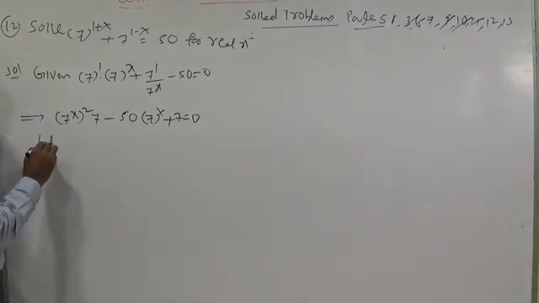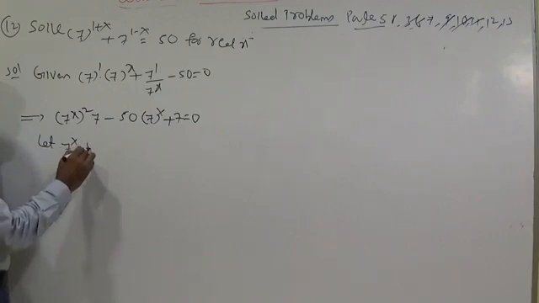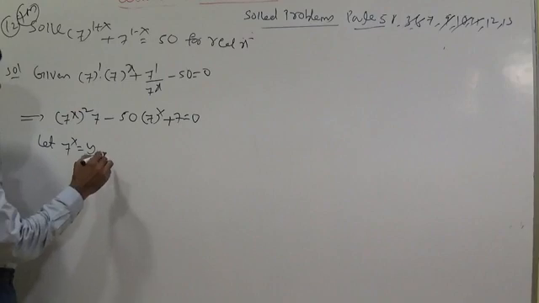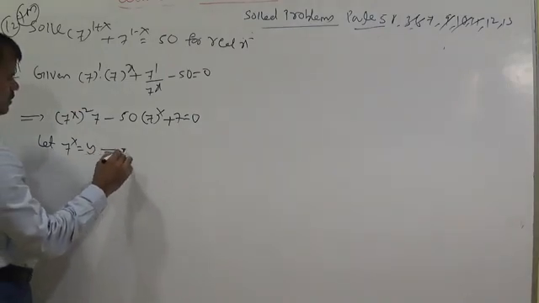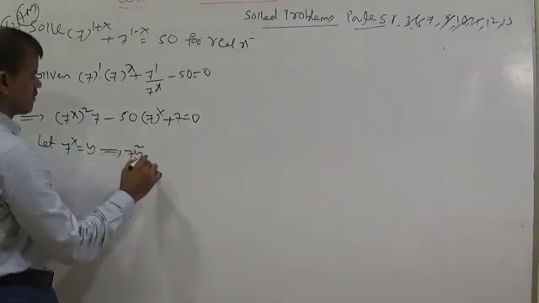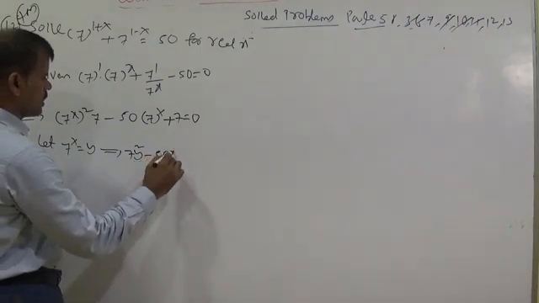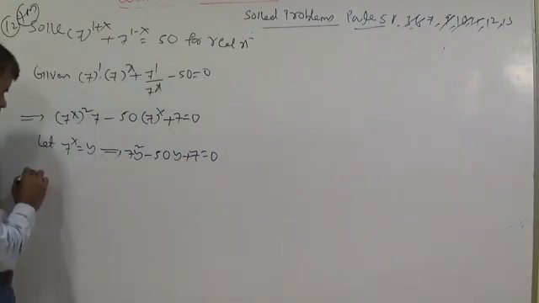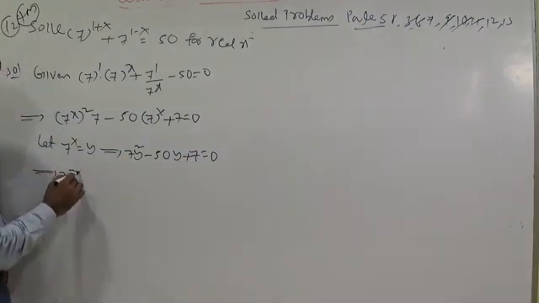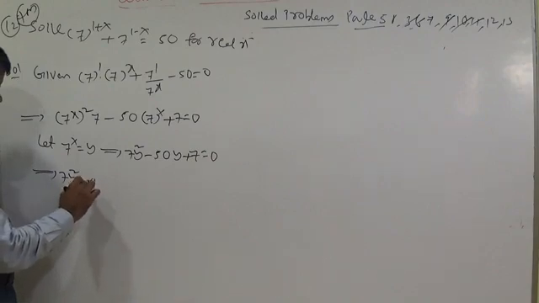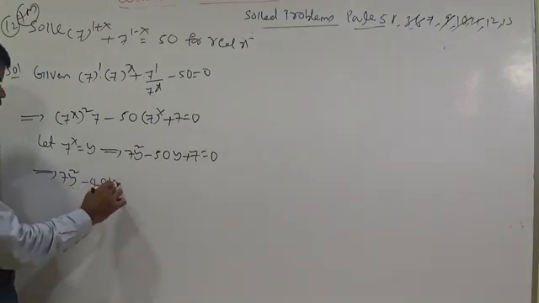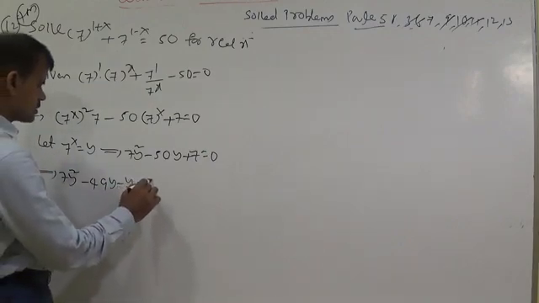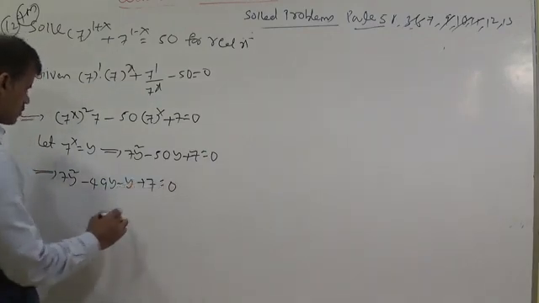Now you can write, let 7 power x is equal to y. This is 4 marks question. 7 power x is equal to y. That implies you can write 7y square minus 50y plus 7 equal to 0. 7 sevens are 49. Depends upon that 49 number, you can split the middle term like this: 7y square minus 49y minus y plus 7 equal to 0.